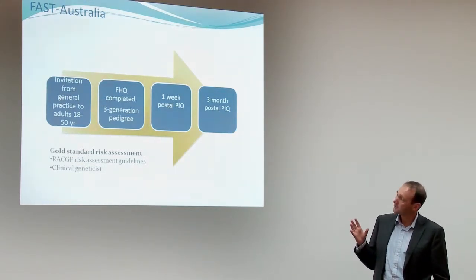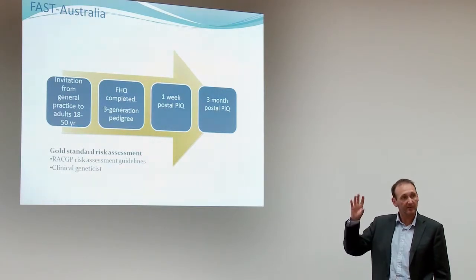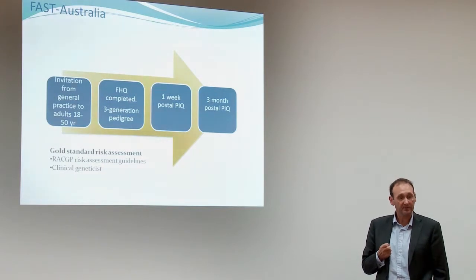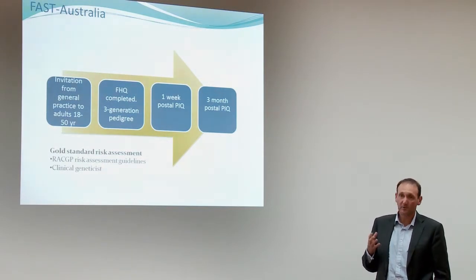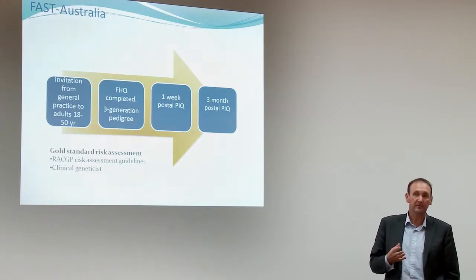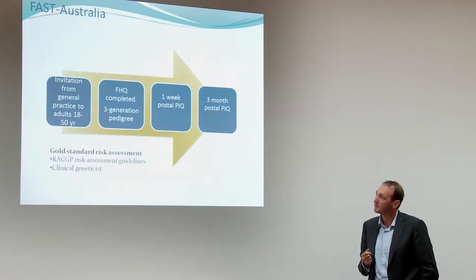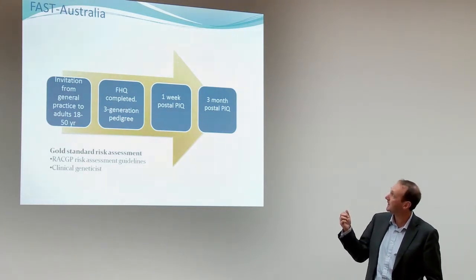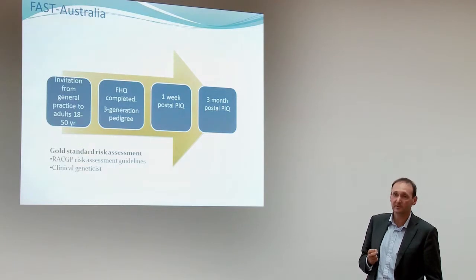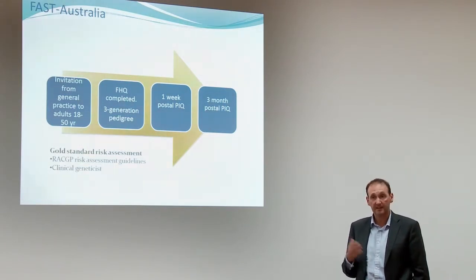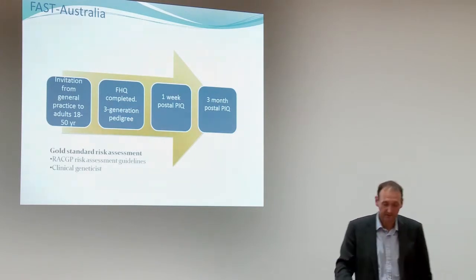And then that was used to assess their risk for the various conditions, based both on the RACGP Red Book criteria, and where there were more complicated family histories, we had a clinical geneticist review those pedigrees to determine a risk. And then they were followed up with the PIQ, the Psychological Inventory Questionnaire, which was looking at anxiety and any effect it had on various behaviours.